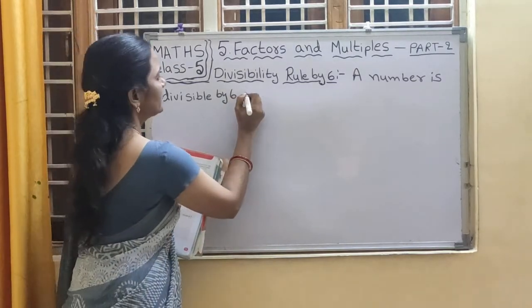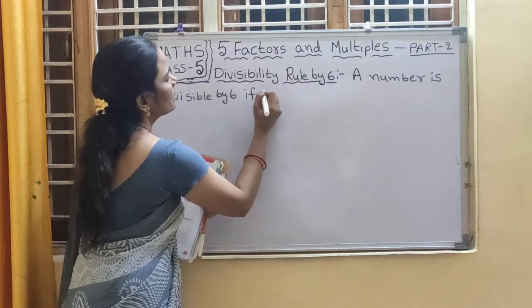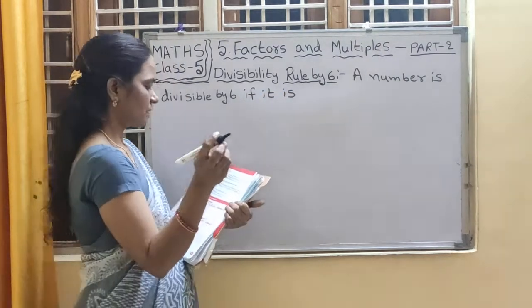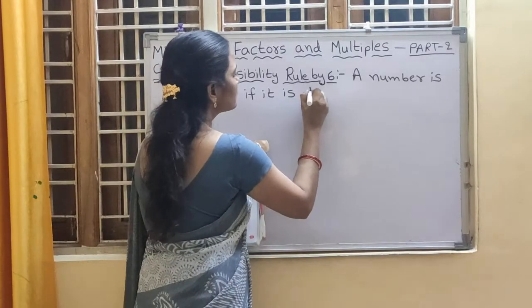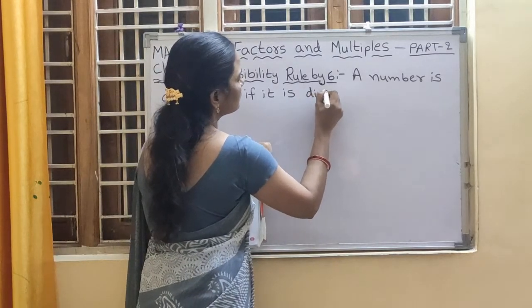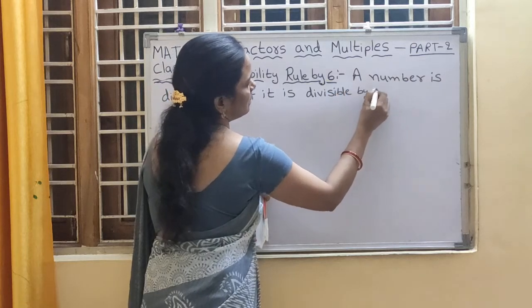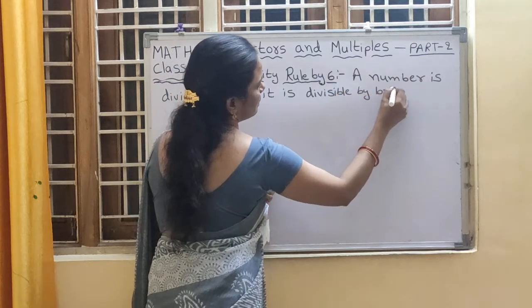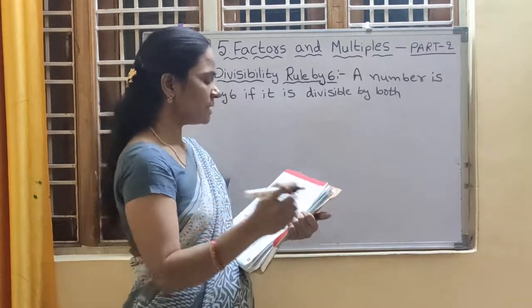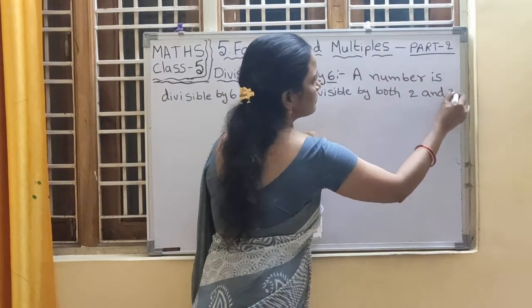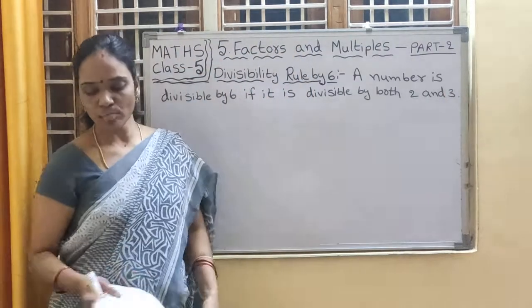A number is divisible by 6 if it is divisible by both the numbers 2 and 3. So this is the divisibility rule by 6.